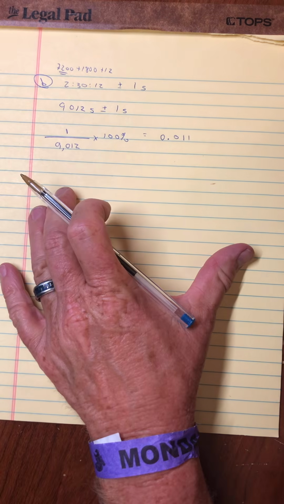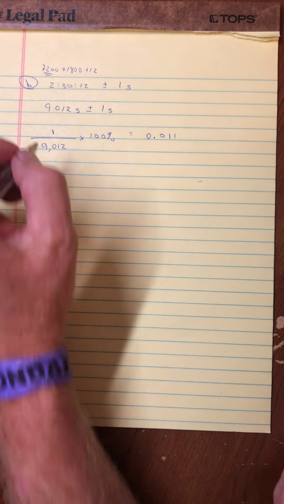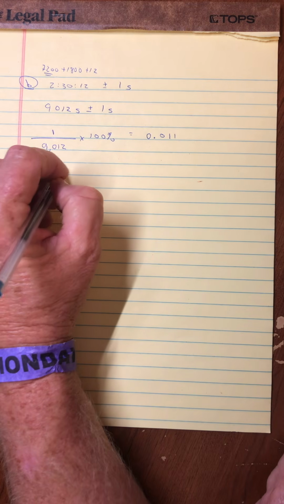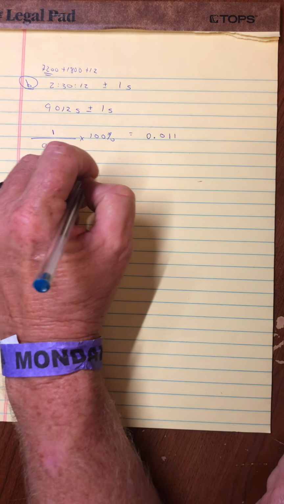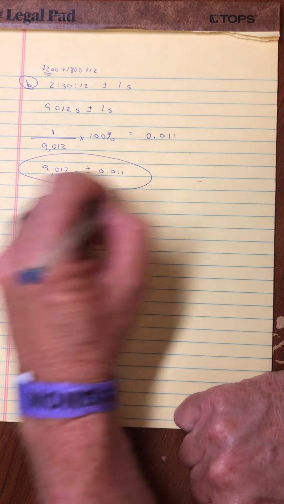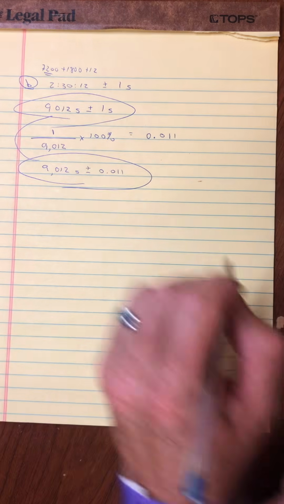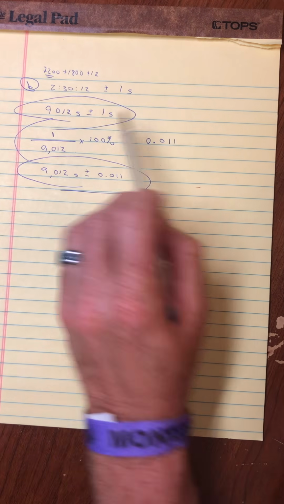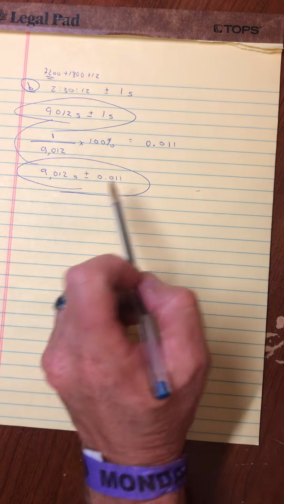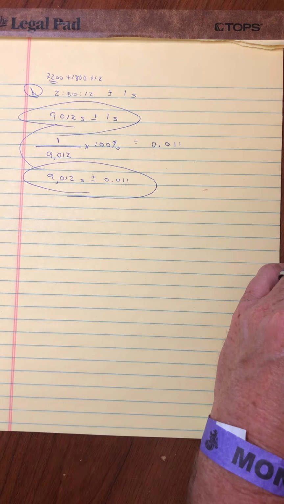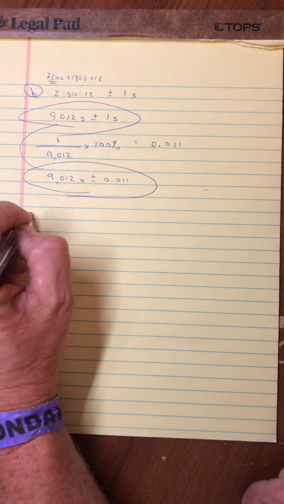There's no units there. So we could write this as 9,012 seconds plus or minus 0.011%. And I want to emphasize this is saying the same thing. This is the percentage of that number. This is the absolute. And we are asked for the percentage. That was B. I'll read it again: calculate the uncertainty in the elapsed time.